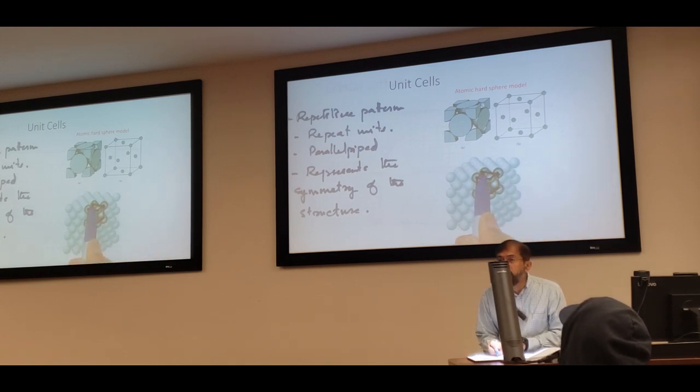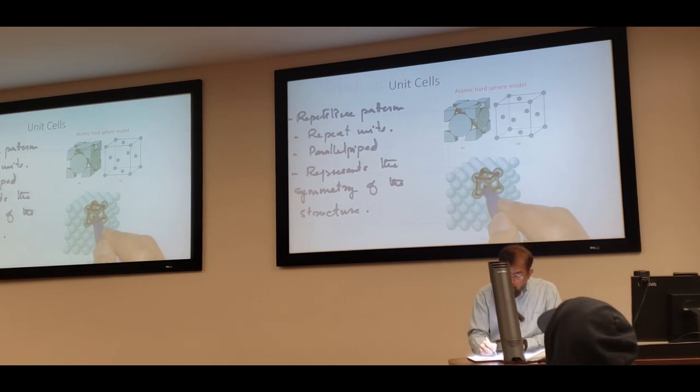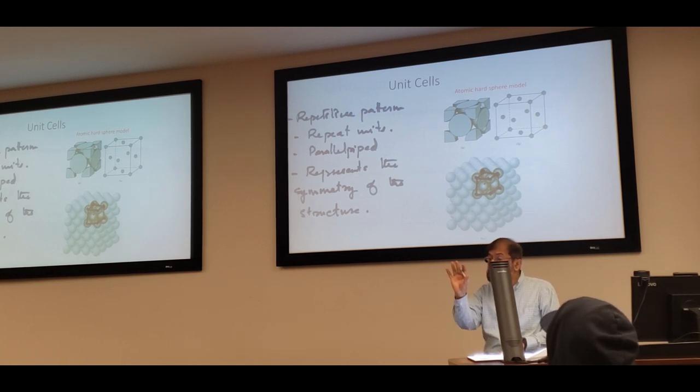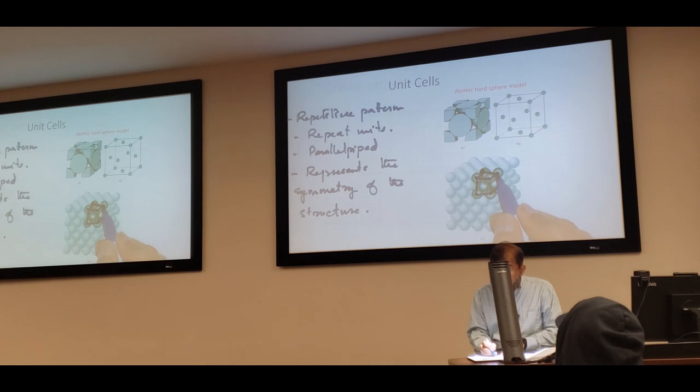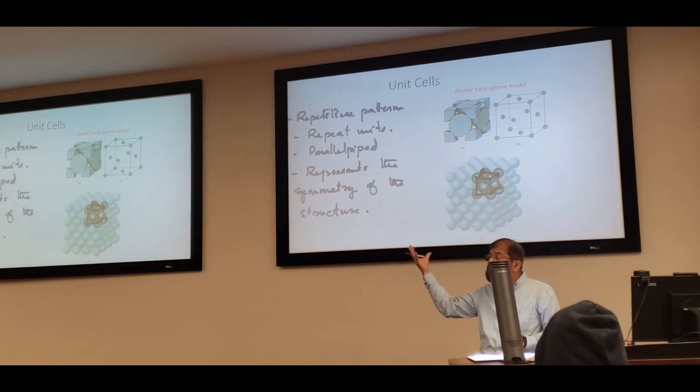And this corner is again the center of another atom. Here is another atom, here another atom, here another atom, and also the same at the back, at this corner. Got it? So the corners are at the centers of atoms.